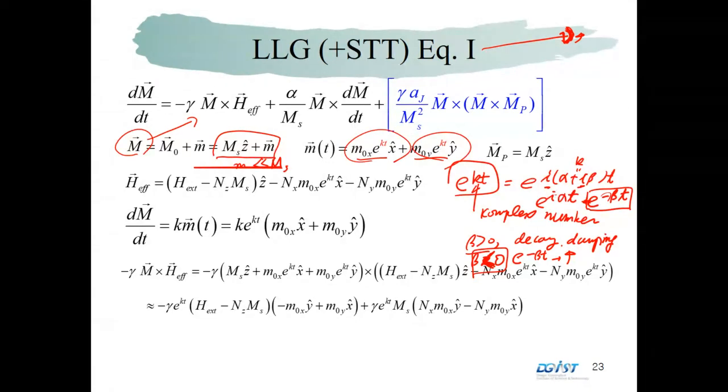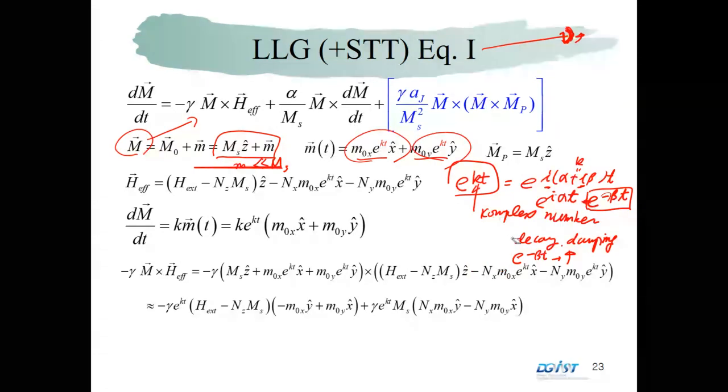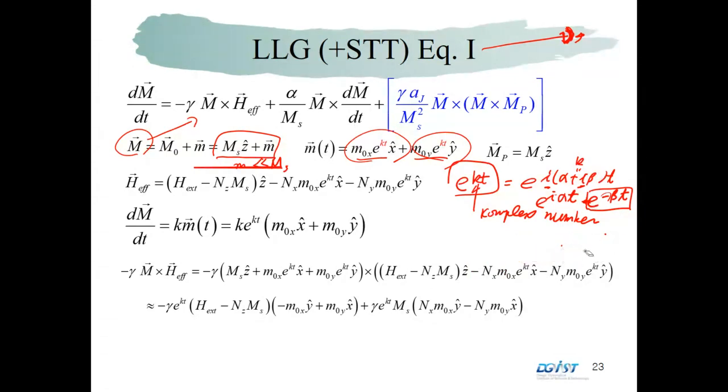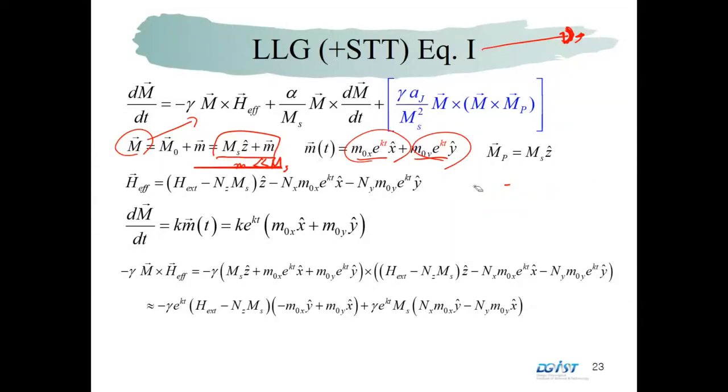So something is going wrong. That means that kind of solution is no longer stable. So the system can be unstable. So what does that mean? That means our assumption that the magnetic moment is aligned to the z-axis is no longer correct. It's not correct anymore. So we need another solution.